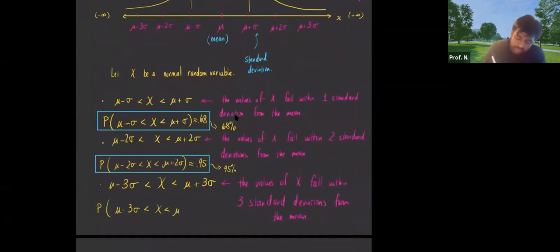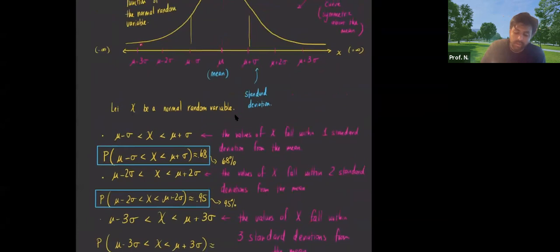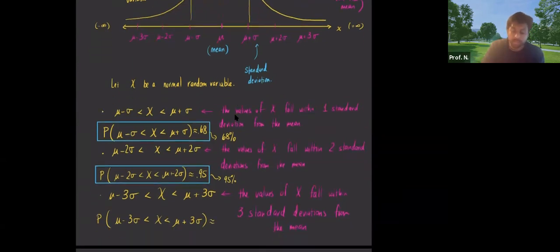And then last but not least, we have this. When you're within 3 standard deviations from the mean, the area underneath this region will tell me the probability that my random variable will be within 3 standard deviations from the mean.